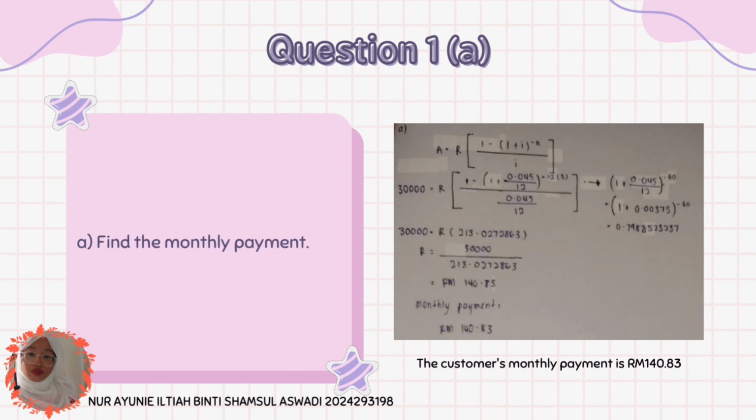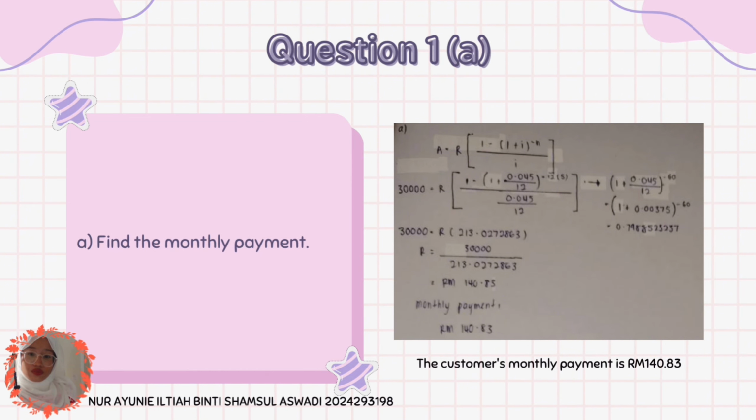So here we have 30,000 equals R open bracket 1 minus open bracket 1 plus 0.045 over 12 close bracket to the power of negative 60, divided by 0.045 over 12 close bracket.